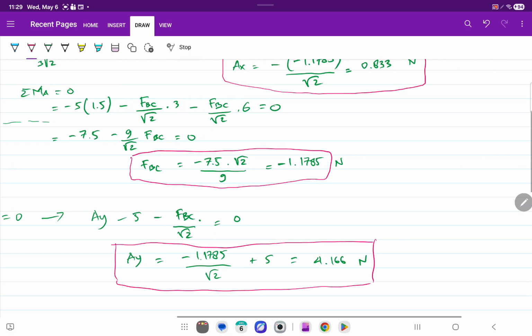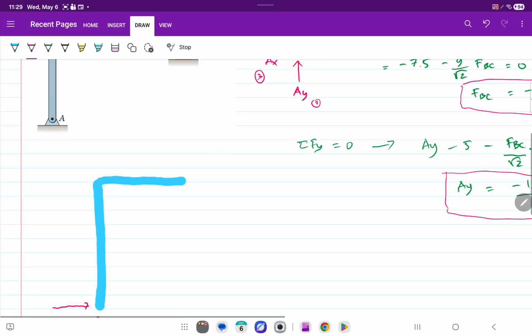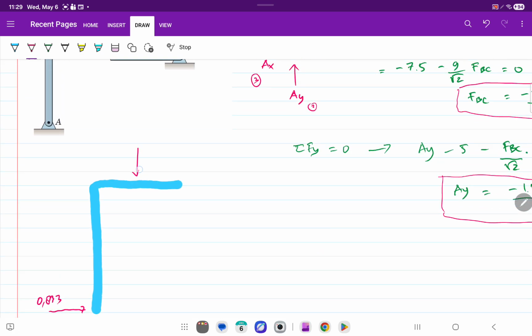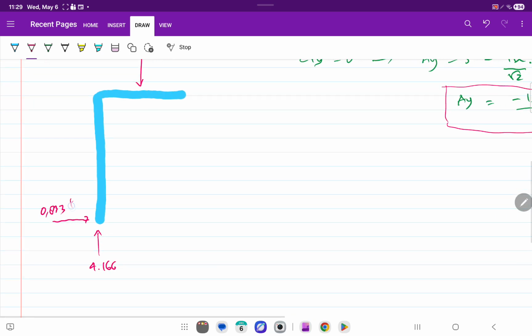What is the value? 0.833. And then you have 5 kilonewton, all of them in kilonewton.